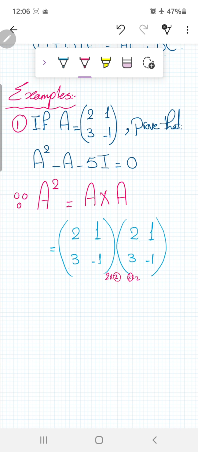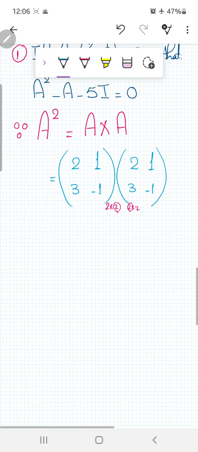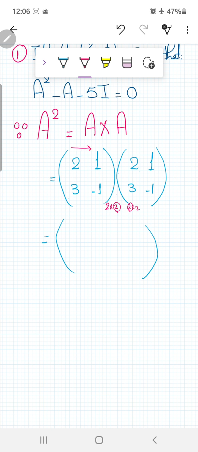The number 2 equals 2. Okay, get the results. Open a big bracket. Take the first matrix's row and the second matrix's column. So here 2 times 2, 4, plus 1 times 3 equals 7. Second column, 2 times 1, 2, plus 1 times negative 1, negative 1.